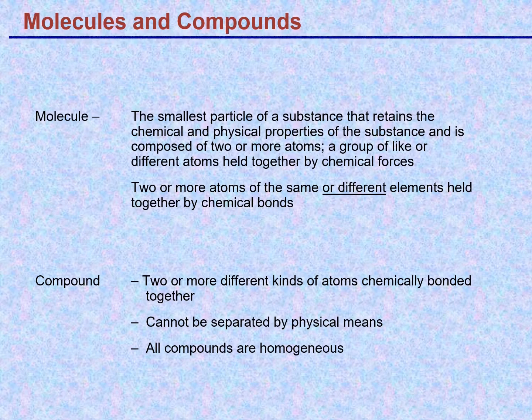A compound is subtly different. Frankly, your book uses compound. They form a distinction, but people just use the word molecule. So a compound is 2 or more different kinds of atoms chemically bonded together. I don't see that it's that much different.